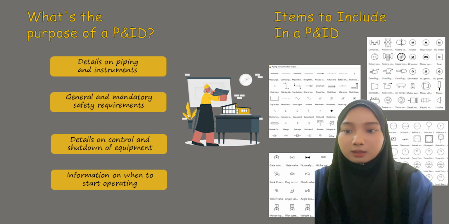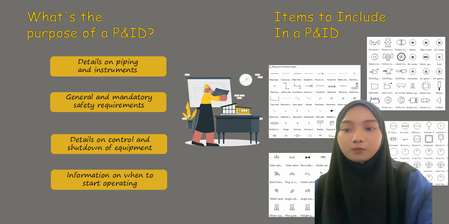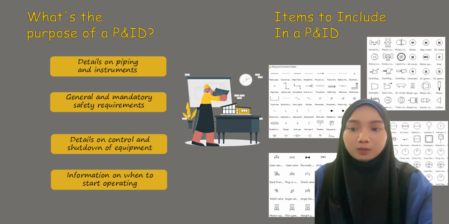The second letter indicates the type of control device used to control that process, which is T, V, or C. T for transmitter, V for valve, or C for controller. The number that follows is a unique identifier for that specific instrument. For example, a code like FT101 means a flow transmitter numbered 101.